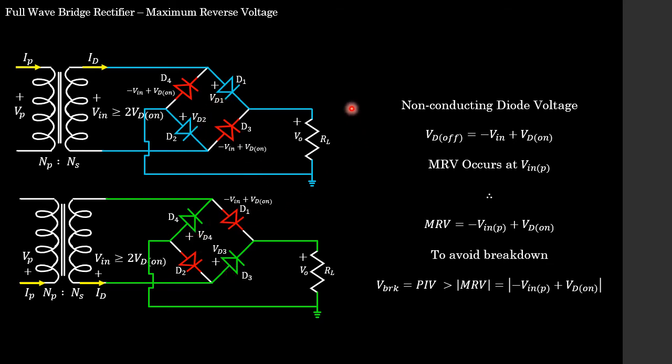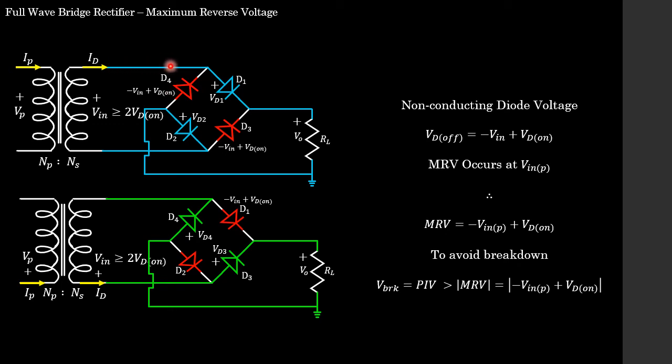On this slide, I want us to look at the maximum reverse voltage, which is basically the non-conducting diode voltage. Looking at our positive half cycle, we know that D4 is one of the diodes that are off, so let's determine the voltage across D4.